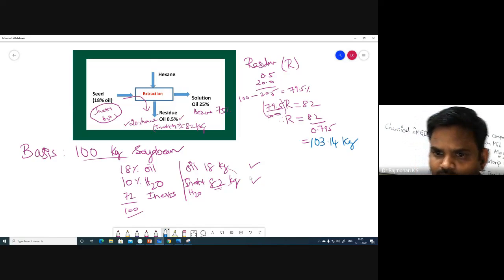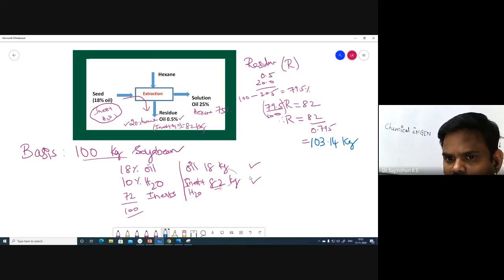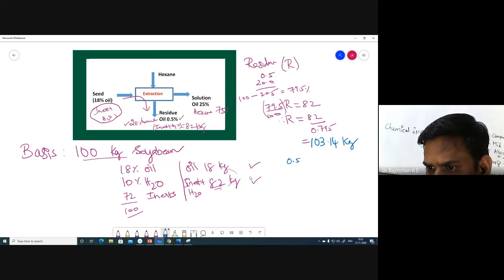So we have a residue value of 103.14. Now the amount of oil contained in the residue can be determined, because 0.5 percentage of R is the oil content in the residue, right?